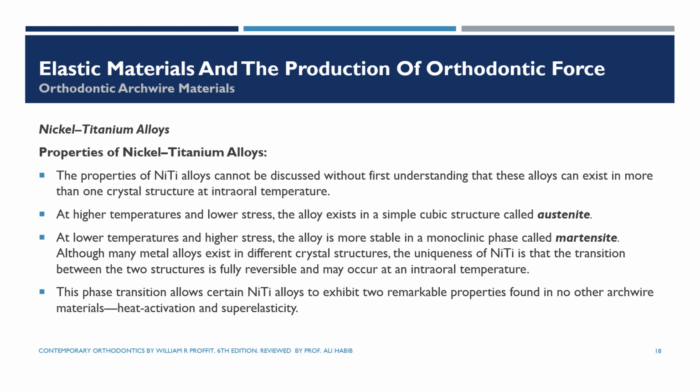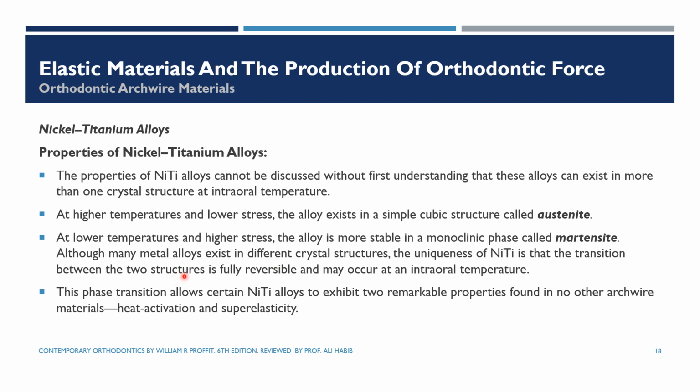So for example, at high temperature and low stress, it can exist in a simple cubic structure called austenite, and at low temperature and high stress, it can be stabilized in a monoclinic phase called martensite.